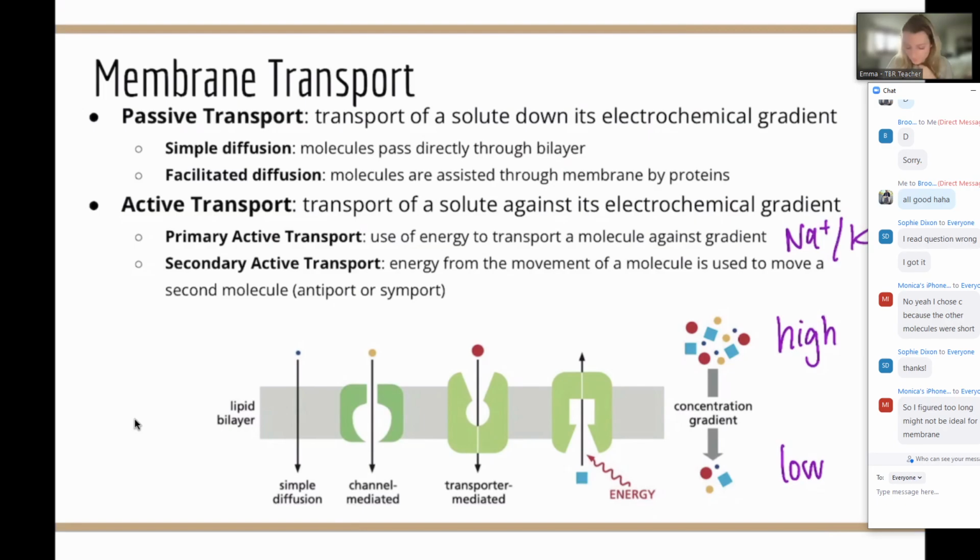Compared to that, secondary active transport is where energy from one thing is used to move something else in. The one that I always think of is at the end of cellular respiration, the ATP synthase. It's basically the energy from using the ATPs pumps the hydrogen against its electrochemical gradient. So that's the one that I usually go to.